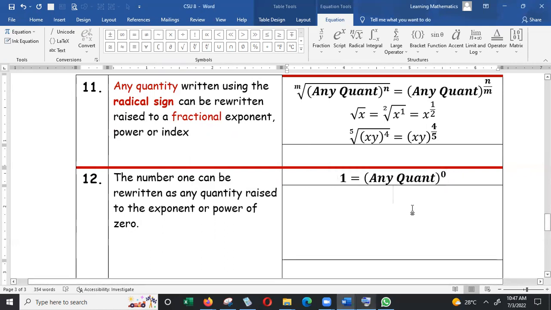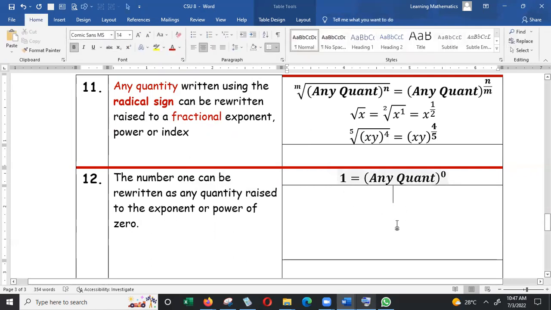Okay. Any quantity raised to the power of 0 is 1. 1 is equal to any quantity raised to the power of 0.